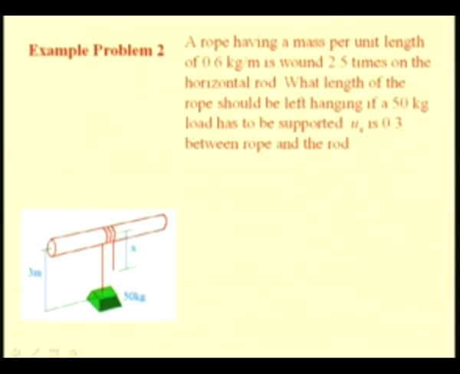The coefficient of static friction between this shaft and this rope is given as 0.3. So, for equilibrium we are interested to find what length of the rope should hang on this free end side, so that this load of 50 kg can be supported.